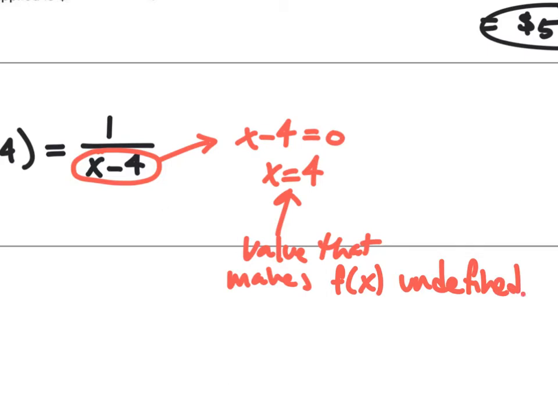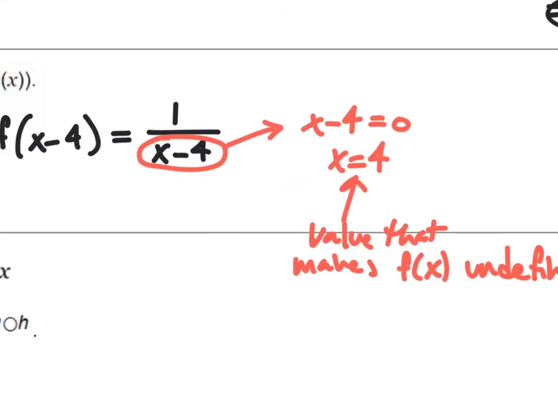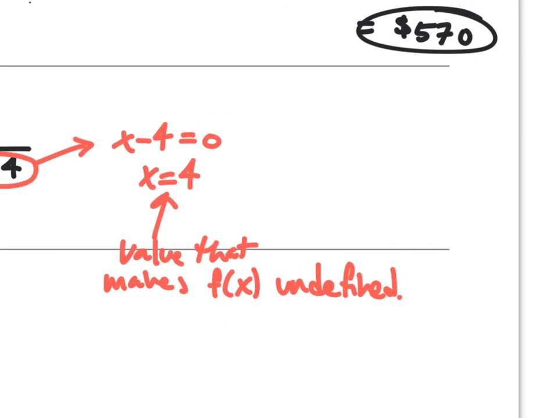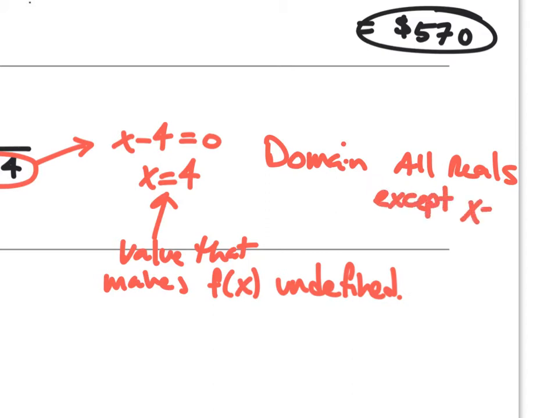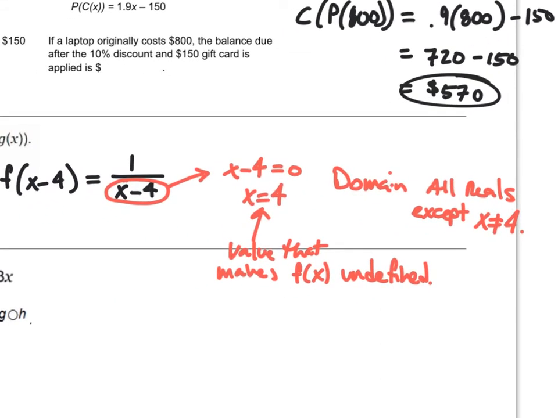Because it makes f of x undefined, that is my domain restriction. So my new domain on this function is all reals except x cannot equal 4. And that's just something that you have to look at on a rational function.